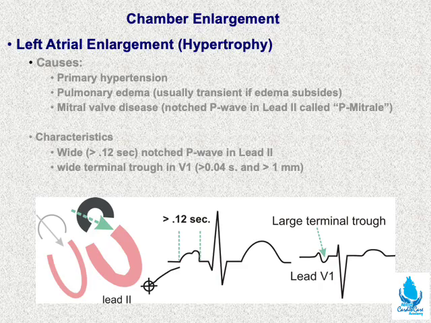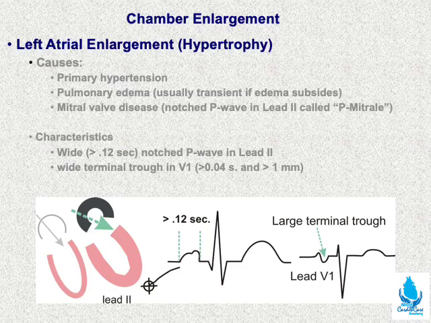If we have a wide terminal trough or terminal deflection of more than 1 millimeter, this is left atrial enlargement. So atrial enlargement, we usually see in lead 2 and also in V1. If the P wave is wide, we have left atrial enlargement. If it is tall, we have right atrial enlargement.